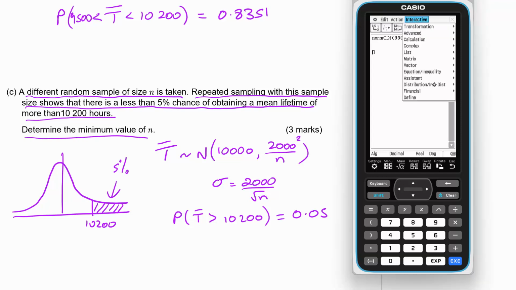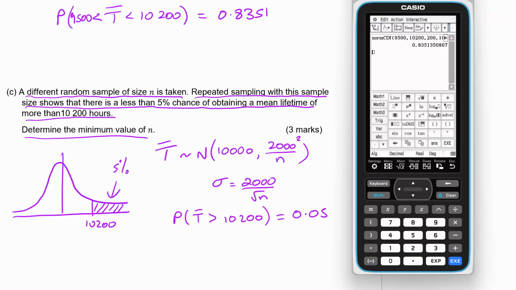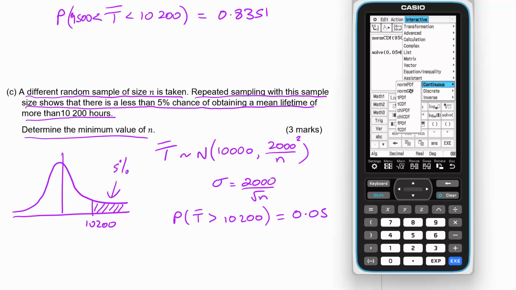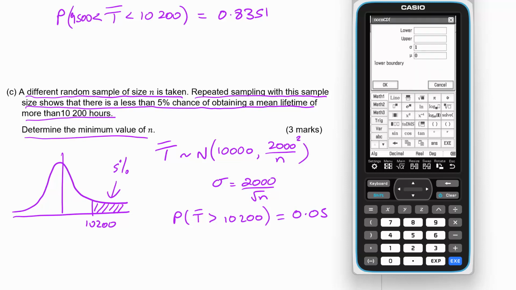Before I go in there, I'm going to do that with a solve. I'll have 0.05 equals, and let's go for a normal CDF with a lower of 10,200, an upper of infinity.